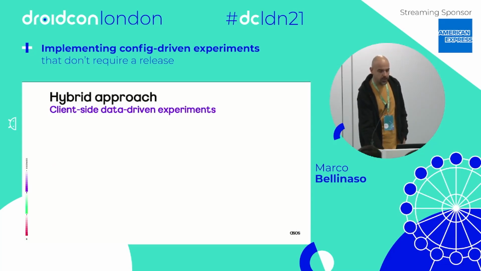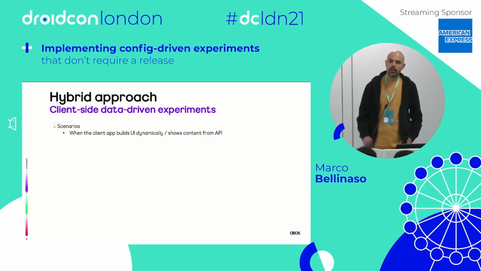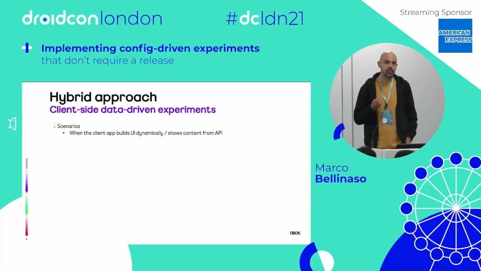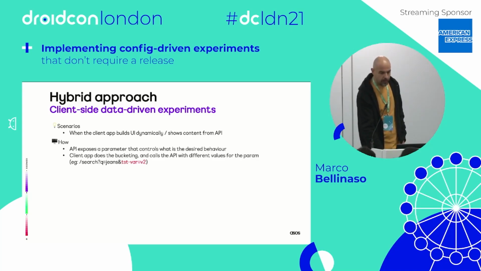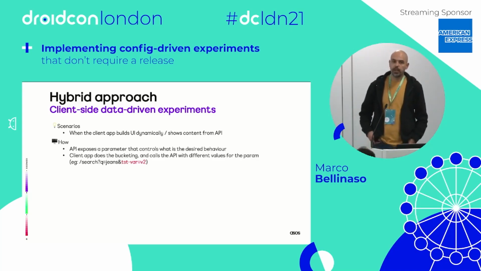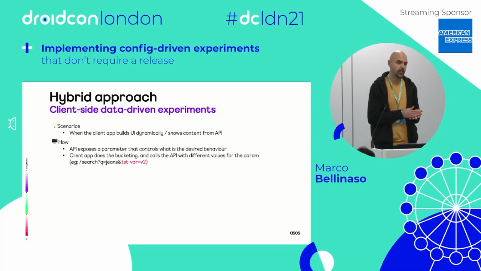The third approach is what we call the hybrid approach, and it's when you've got UI that is dynamic and it changes according to what the API gives back to the client, basically. And the way it works is that you do the bucketing of users on the client side, and then the user is assigned a variant.